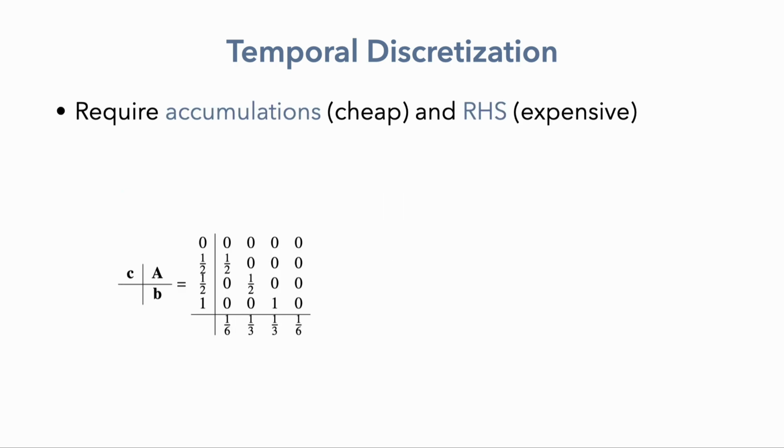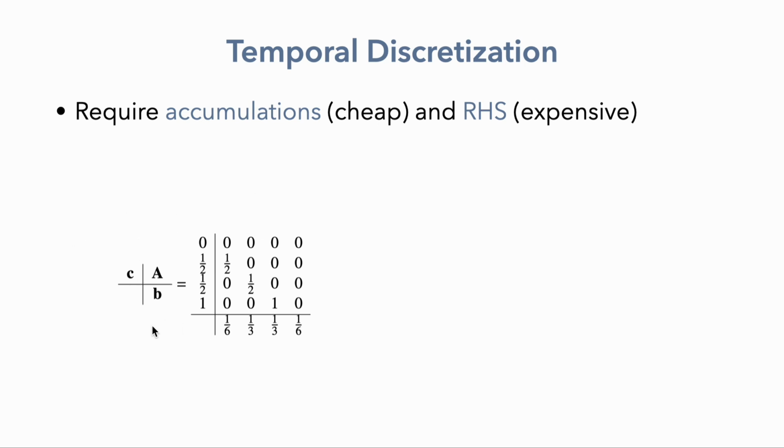Now, what we've done is we've introduced this new framework, the P-ERK framework, and what this really relies on is noticing something about Runge-Kutta methods. Basically, all explicit Runge-Kutta methods require 2 types of operations. One is accumulations, which are really cheap, and the other is right-hand side evaluations, which are expensive.